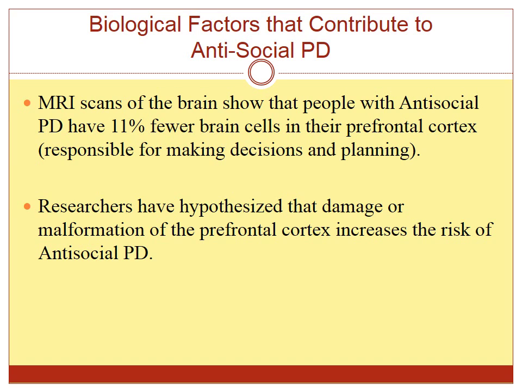MRI scans of the brain show that people with antisocial personality disorder have 11% less brain cells in their prefrontal cortex, which is responsible for making decisions and planning and controlling our impulses. Researchers have hypothesized that damage or malformation of the prefrontal cortex increases the risk of antisocial personality disorder.